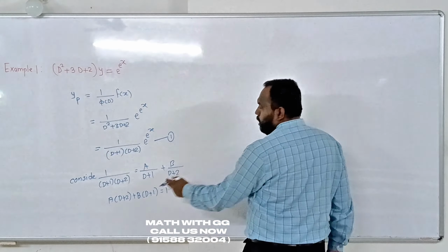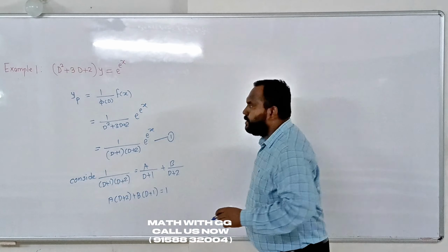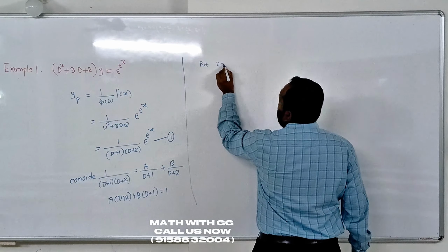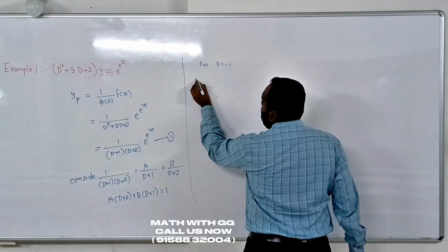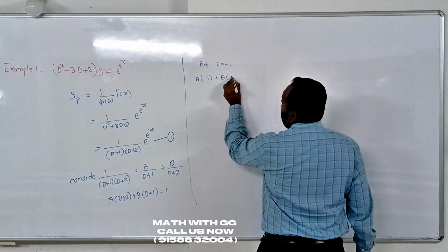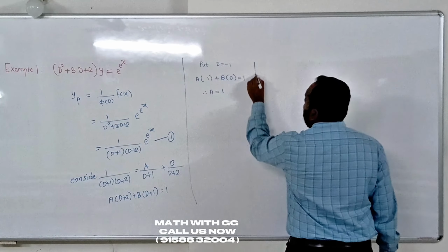Now we have to put D so that one of the terms gets 0. Put D equal to minus 1. We get a into 1 plus b into 0 equal to 1. Therefore, a is equal to 1.